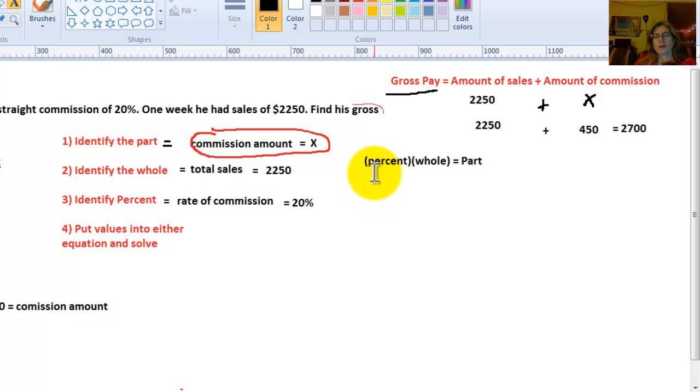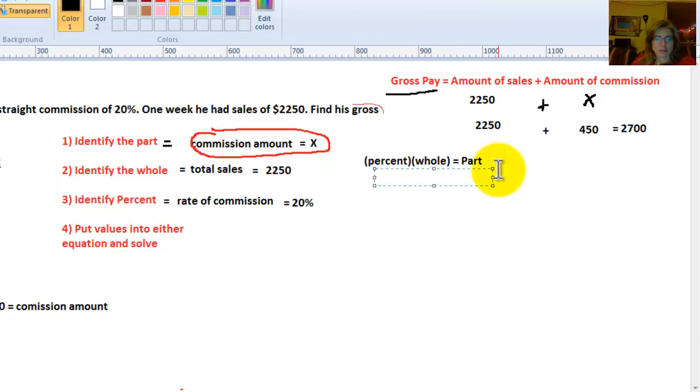Now if we were to use this equation here, and some people like to use that, it's a little different. For the percent, you can't take the percent sign off, you have to leave it on in this problem and work with it as you go. So you have the 20% times the whole, which is the total amount of sales, equal to our X, because that is the part. So then you cannot multiply 20%, you have to change it to a decimal.